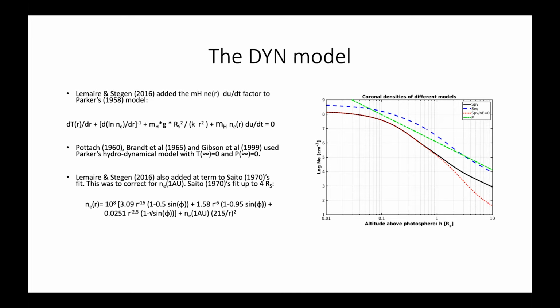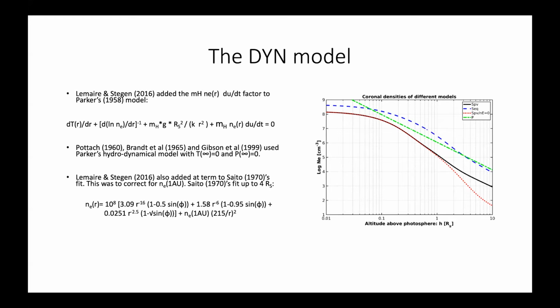The whole idea of the dynamics between density and temperature has been around for years. There's been a few models and a few papers, such as a model by Parker and papers by, for example, Potas, Brandt, and Gibson more recently that use this hydrodynamical idea.